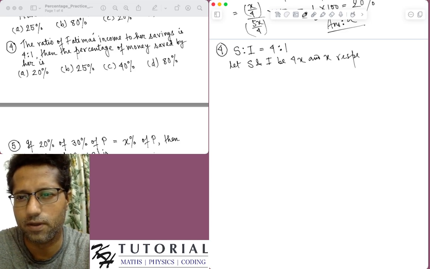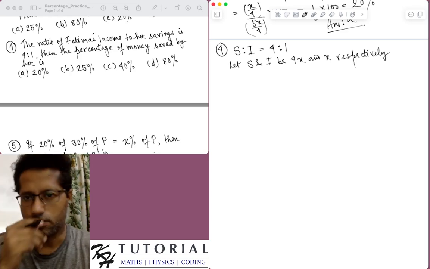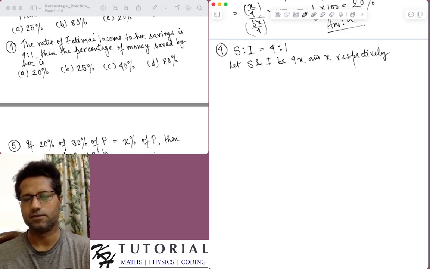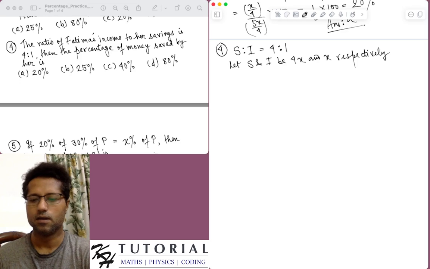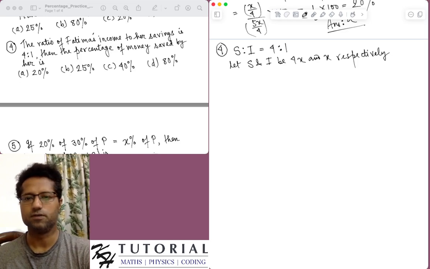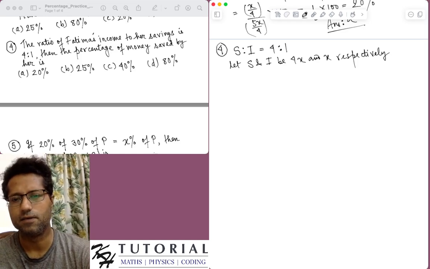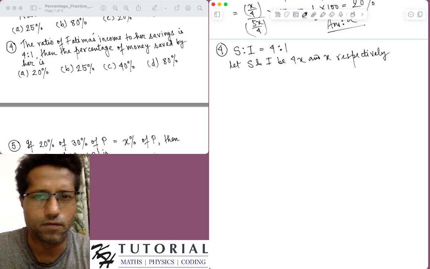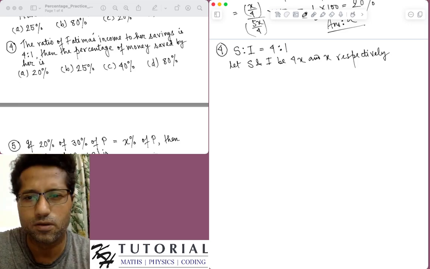Quite often this is a standard way: using the terms of the ratio, we assume the values of the quantities to be an x multiple of the terms of the ratio. This x is unknown, but it will not be required. So we know that savings is 4x and x is income. So this implies the percentage of money saved.